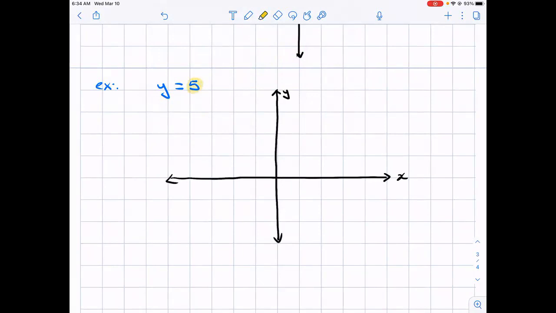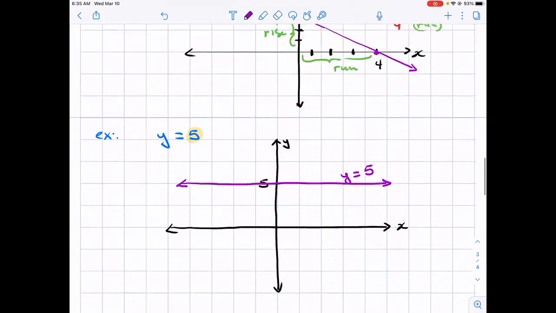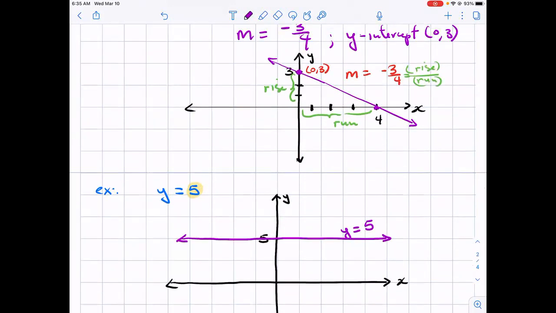Let's say this is the point 5. My line will be a horizontal line passing through the point 5. And this is the line y equals 5. Over here, I didn't write my equation, 3x plus 4y equals 12. You should always get into the habit of writing the equation next to your line.